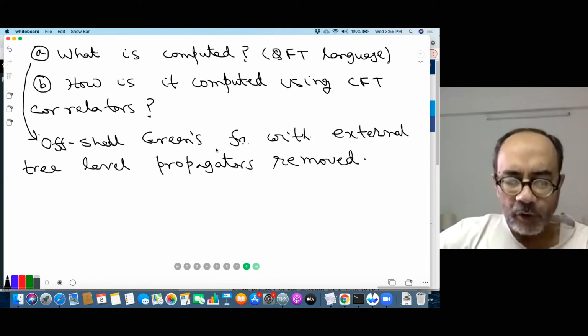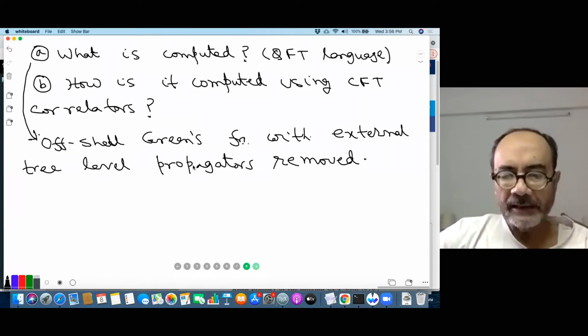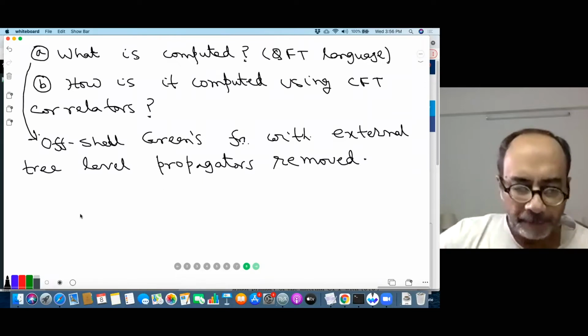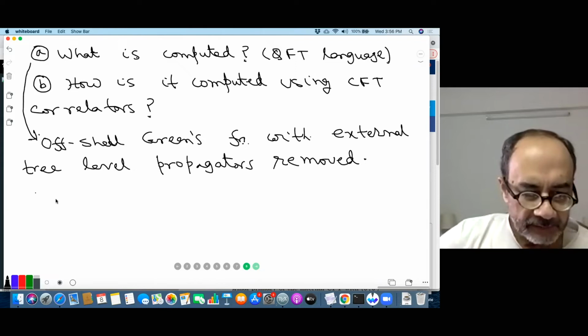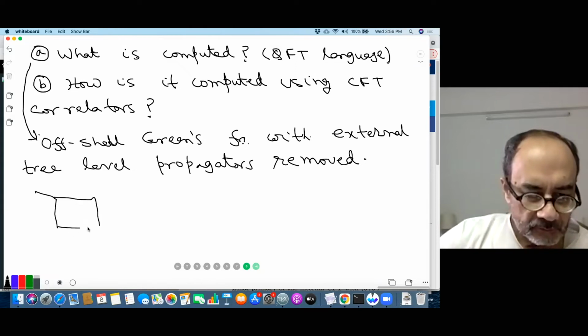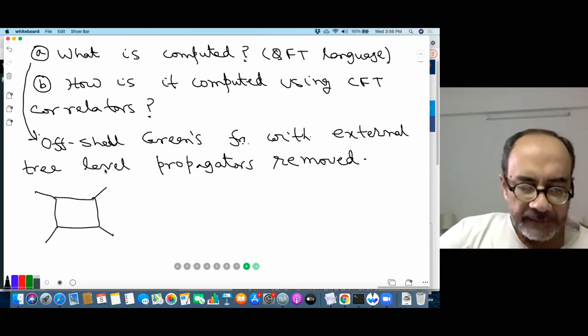Okay, so suppose let's think in terms of QFT. Okay, even though we are doing string theory, we would want to know what in QFT it would correspond to. Okay. So imagine that you have a QFT Feynman diagram like this. Then what will we compute?